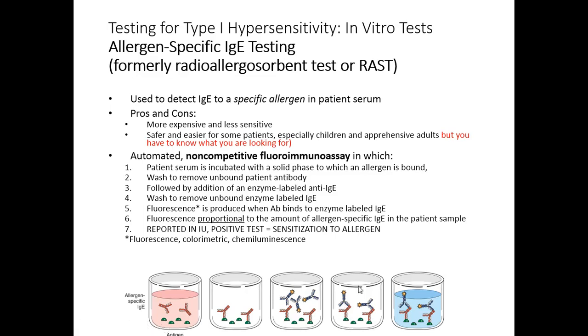Known antigen, patient antibody, tagged anti-IgE. We washed it again. We checked for fluorescence. Because this is a non-competitive fluoroimmunoassay, the fluorescence is proportional to the amount of the allergen-specific IgE. We can measure and report in what's called international units a positive test.